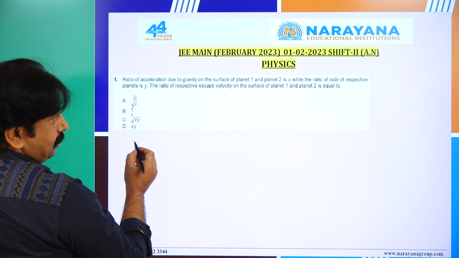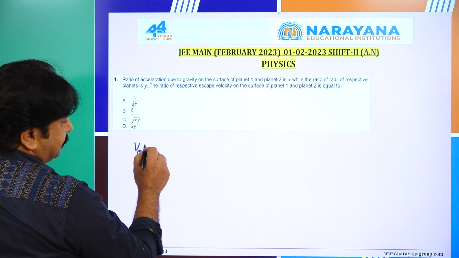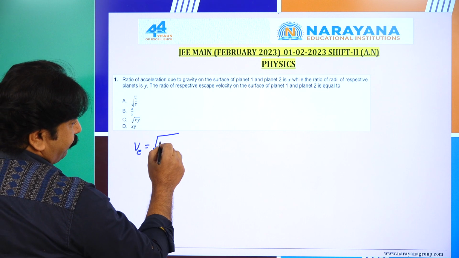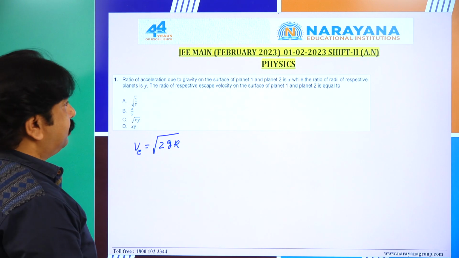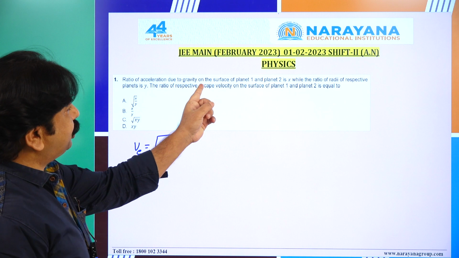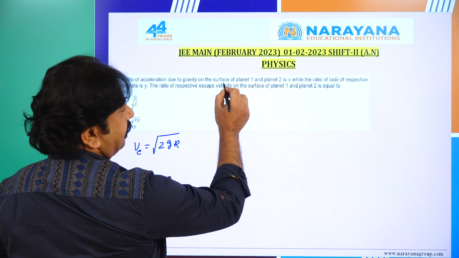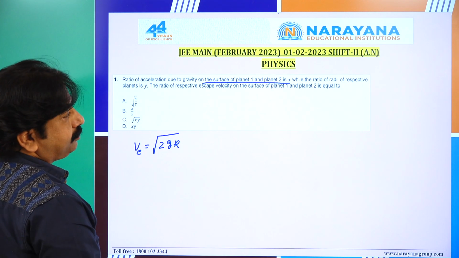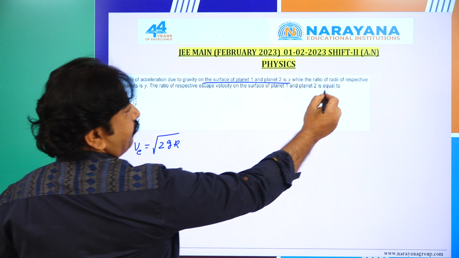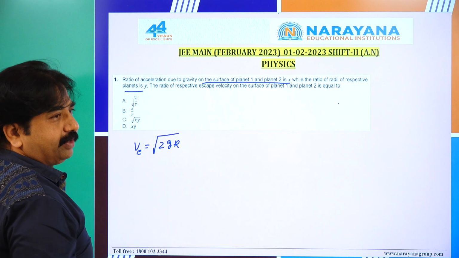Now, the escape velocity formula we know: v is equal to under root of 2gR. Now, acceleration due to gravity on the surface of planet 1 and planet 2 are different from each other, and the radii of the respective planets are also different.